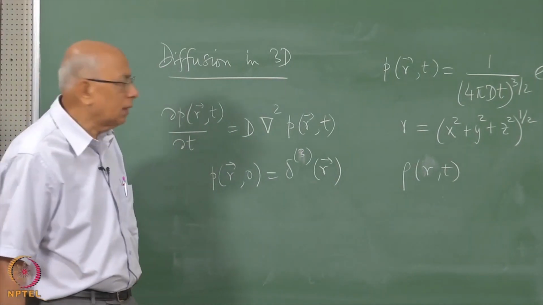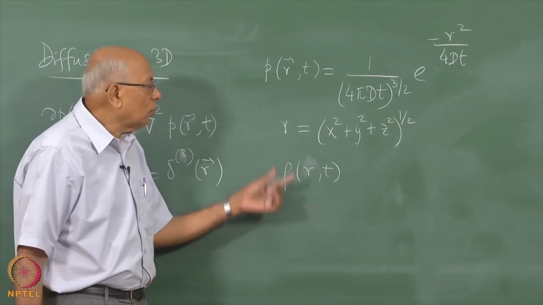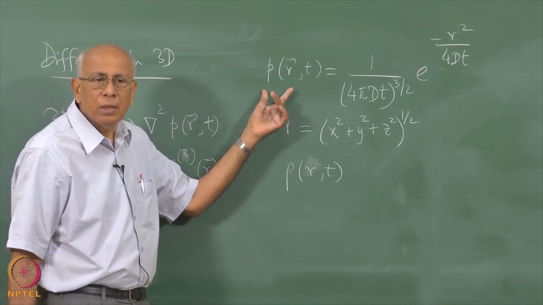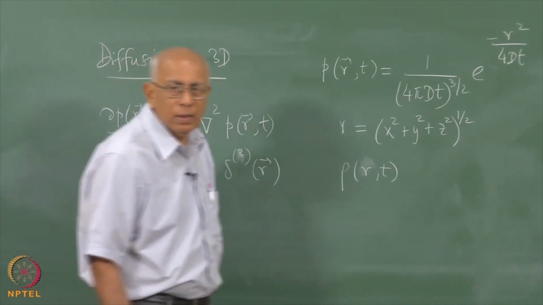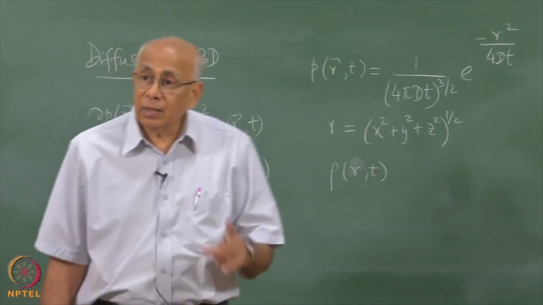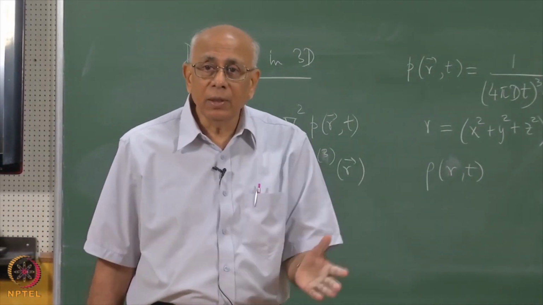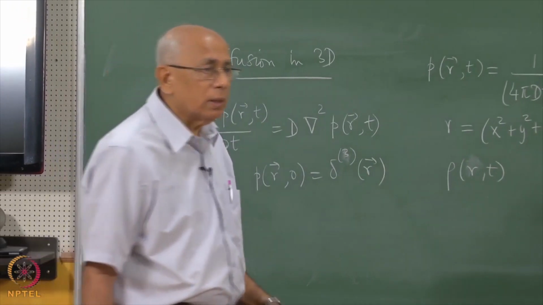Now I want to know the distance here, and that is of course the integral of this probability density function over all angles, and that just gives me a 4 pi factor. R squared should come from the measure. And then there is an R squared because you do not bother about the direction but only the distance. So there is a phase space factor R squared which is crucial, right.